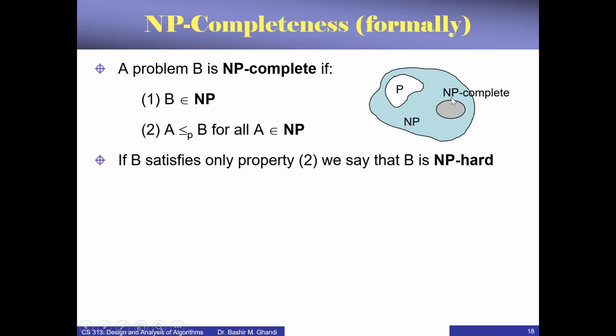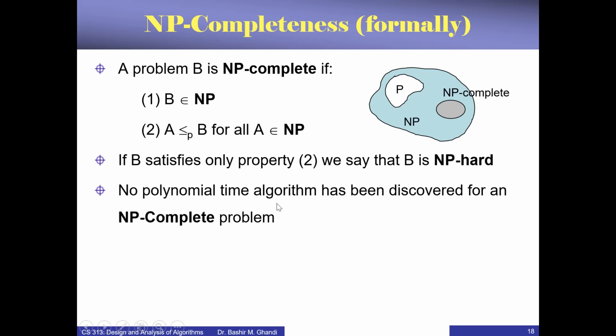NP-complete are those problems that can be verified in polynomial time, but they are also harder than any problem in NP. And the final group, NP-hard, are those that are harder than any problem in NP, and they themselves are not in NP. I hope the 4 classes are clear.